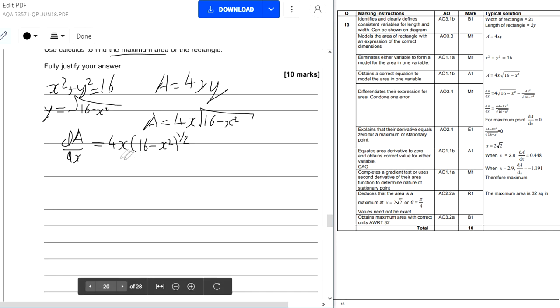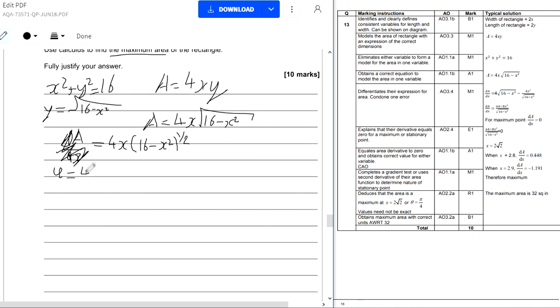Now, looking at this, how do you differentiate it? That's a product, so if we want to find the differential, we're going to have to use the product rule.